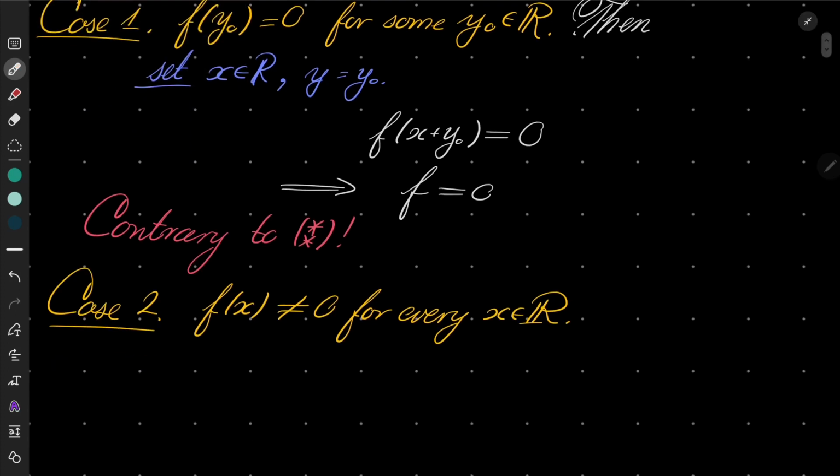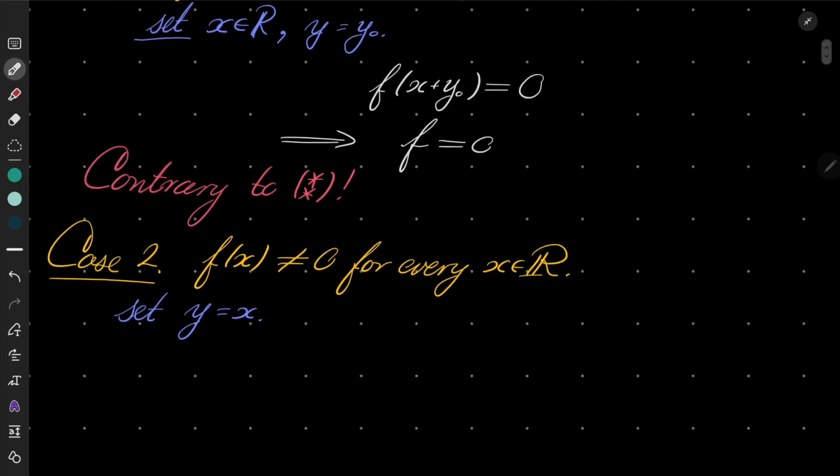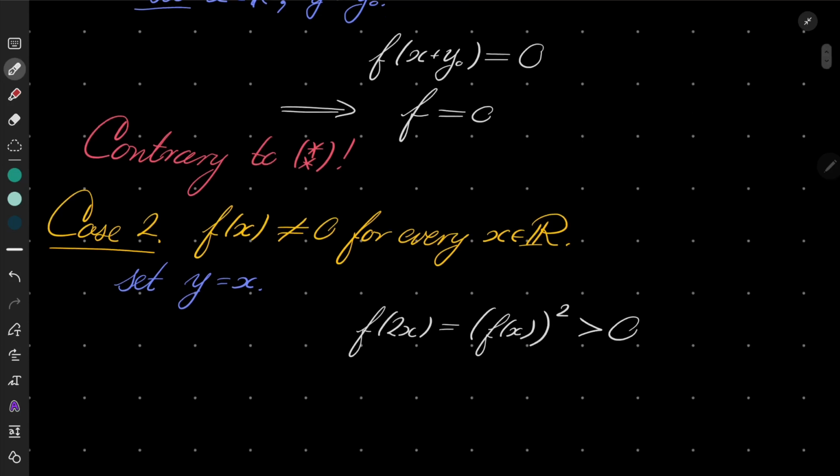Well, now let's set y to be equal to x, and our functional equation becomes f of 2x equals f of x squared. Since f of x is non-zero, this is positive, so our function is positive. So, in other words, for every real number x, f of x is positive.